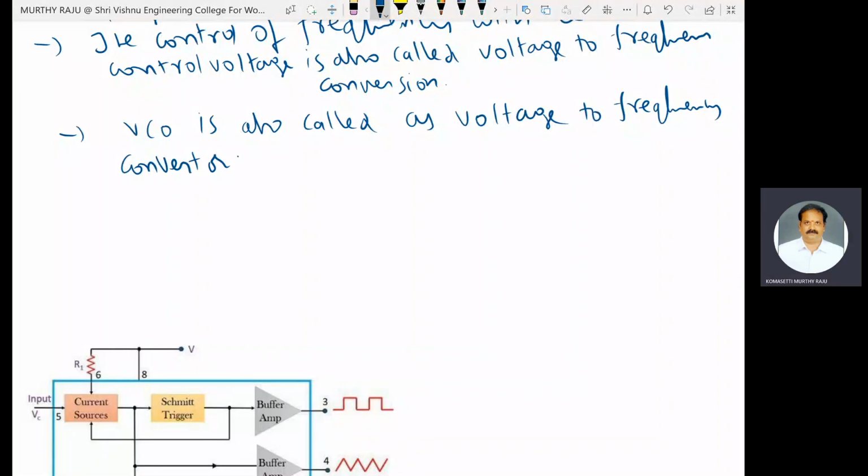Typically, a VCO is used to produce square and triangular waveforms whose frequency is controlled by the control voltage.